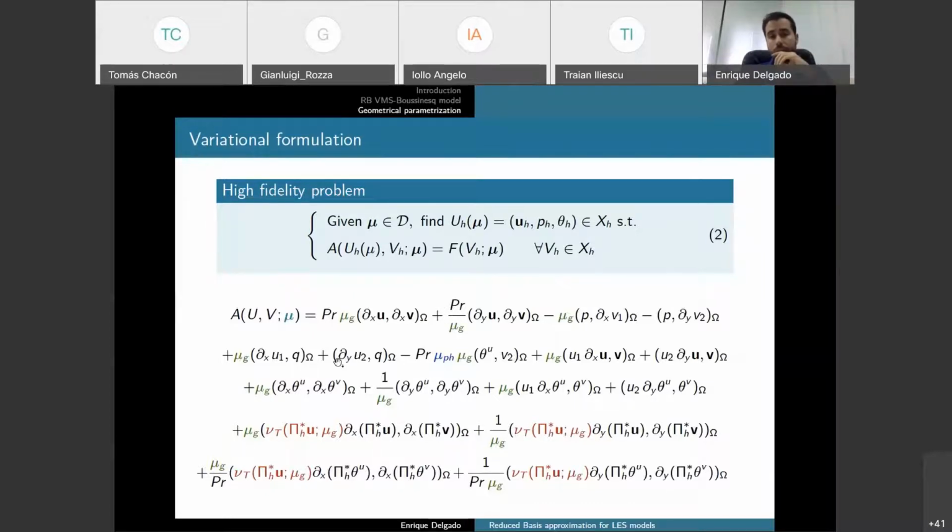All these matrices can be stored offline, and these four matrices can be linearized again by the empirical interpolation method in order to store all these quantities offline and perform the online phase.